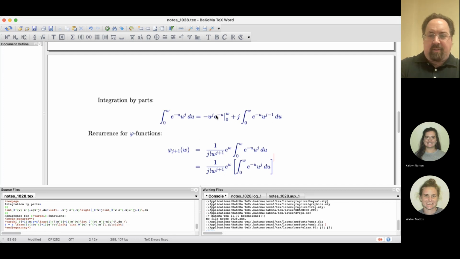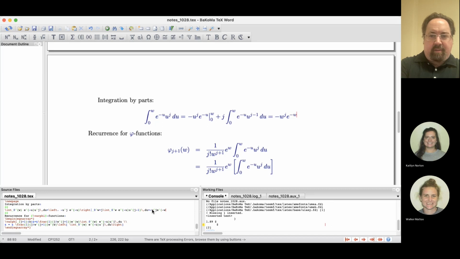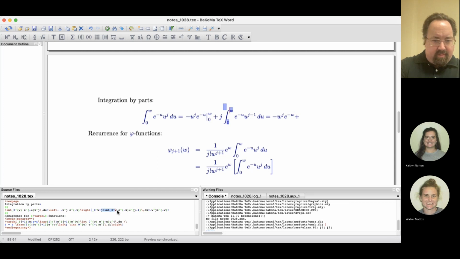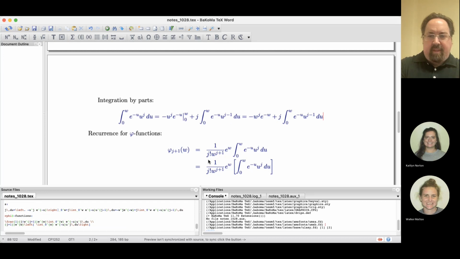Oh, actually, I should have completed this, actually plugged in the limits. So if I plug in u equals 0, then the term at the lower limit won't contribute anything. So then I'll have minus w to the j, e to the minus w, plus, and then everything else. Okay, so that is what I want to substitute in here.